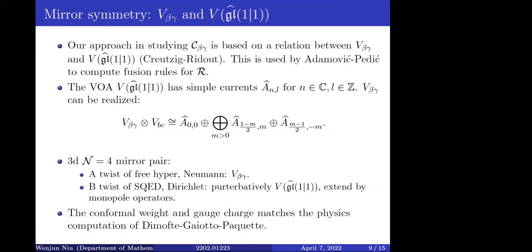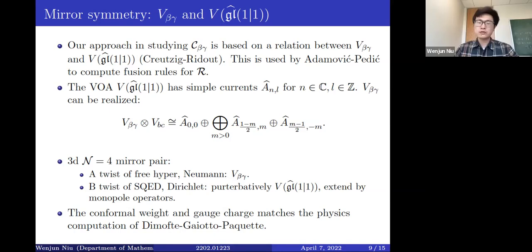How do you think about this Z quotient in terms of monopoles? Yes. So the fusion structure of these monopole operators: if you take any two monopole operators, the fusion product is still a monopole operator.